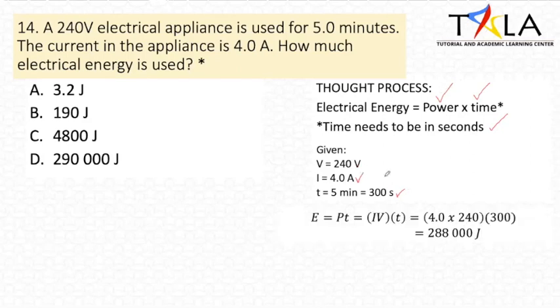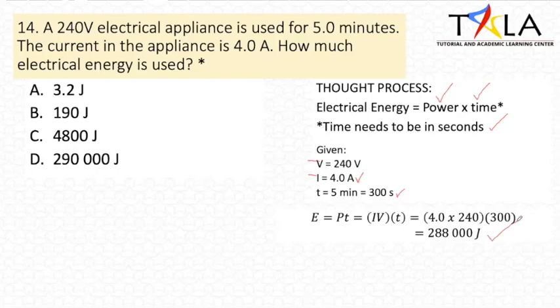Power is equal to the product of the voltage and the current. So, finally, yung formula natin will be like this. Electrical energy consumed is equal to I times V times T. Right? So, just solving, you will have 288,000 joules.